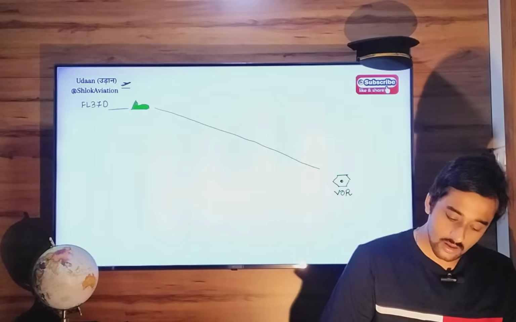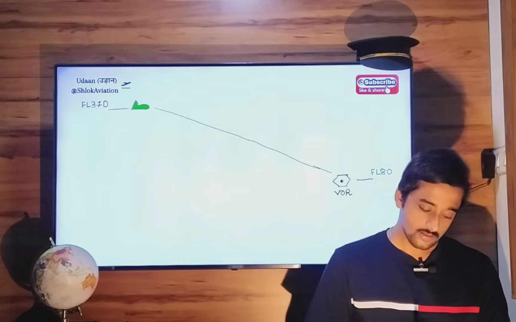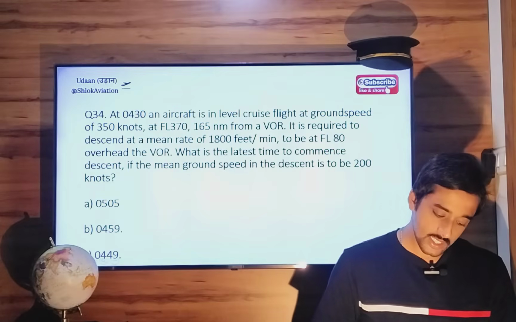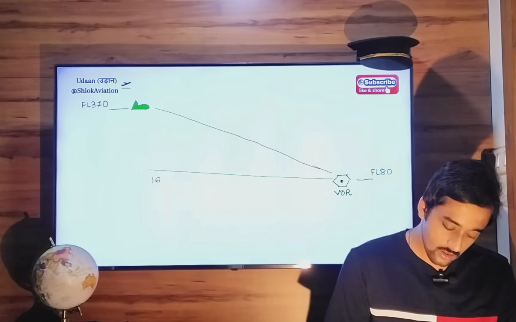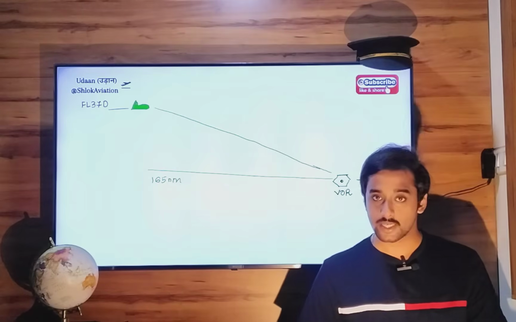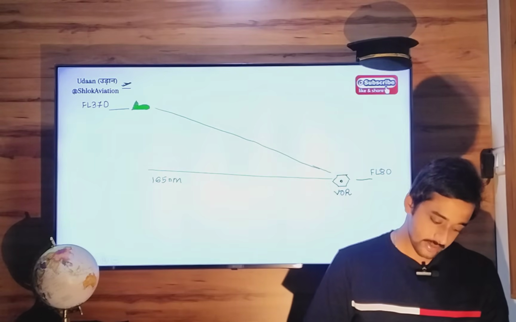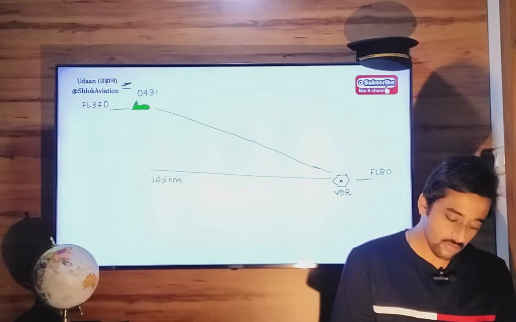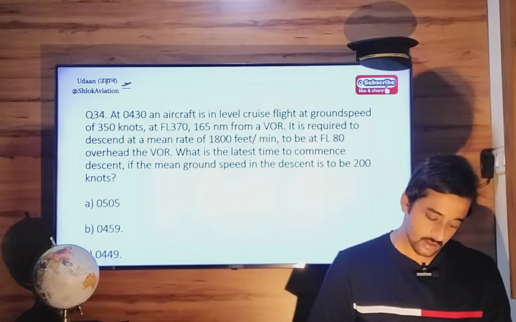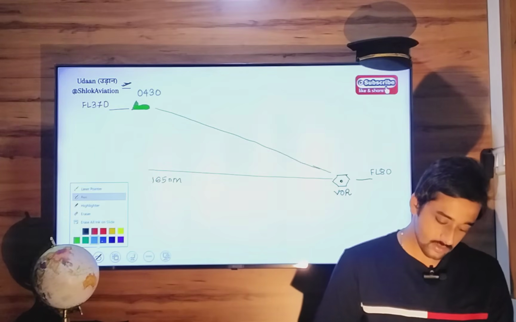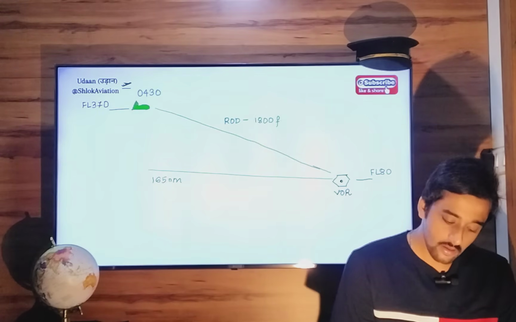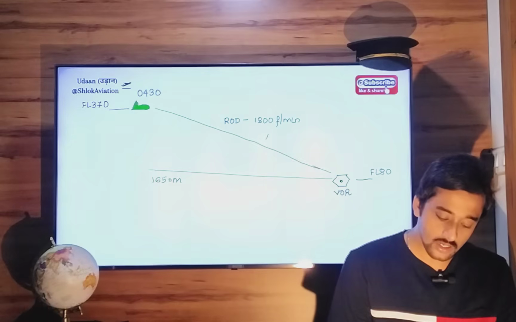Your level out altitude is flight level 80. How much distance are you? 165 nautical miles away from this VOR station. Next, 0430 is the beginning time, and the rate of descent is 1800 feet per minute.